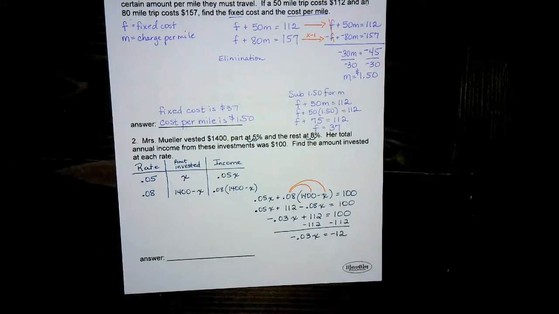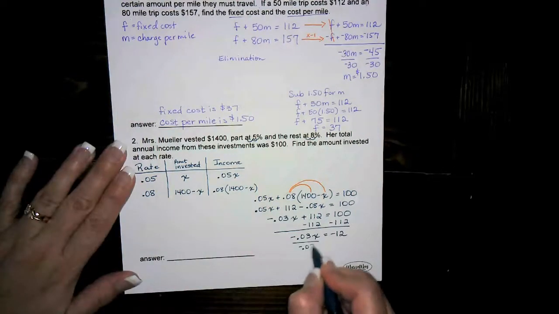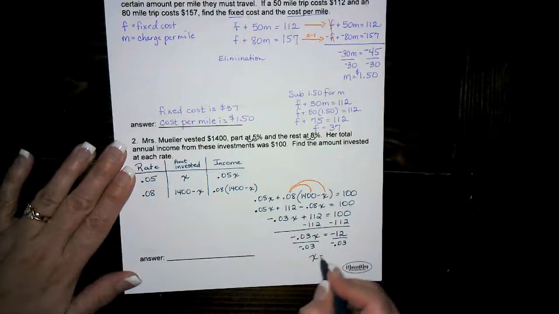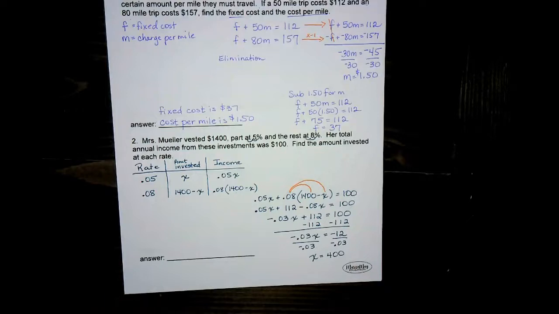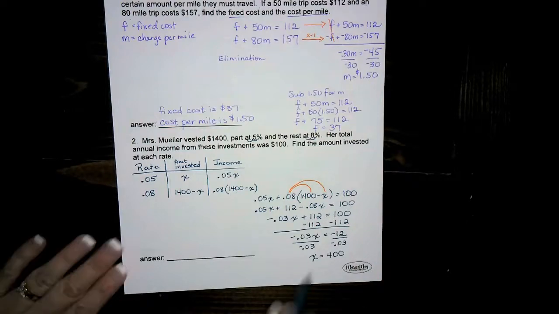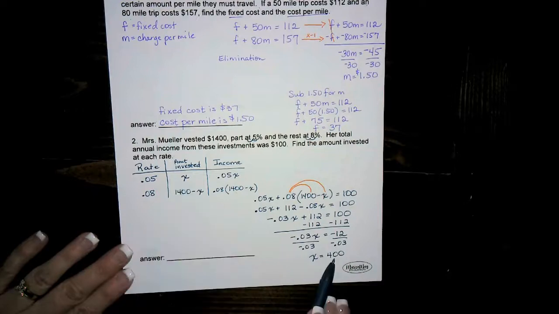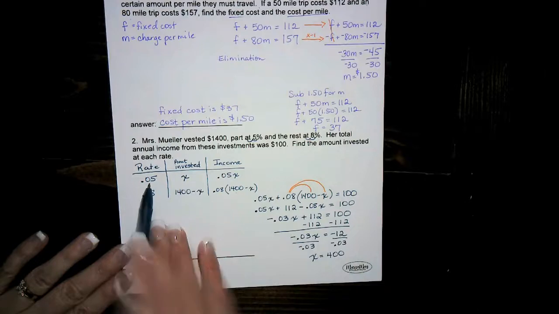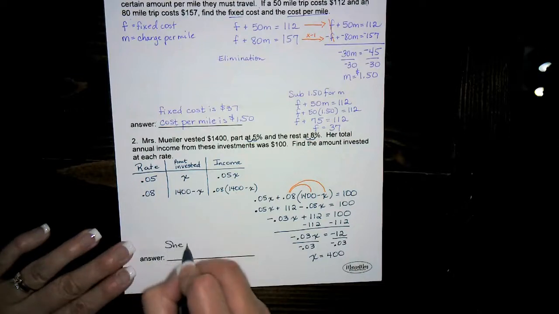And then if you will divide by the negative 0.03, again, do this in your calculator. Let the calculator do the heavy lifting there. You get 400. Okay. So what does that mean? Well, we'll think about where X was in our chart. That means she invested $400 at the 5%.